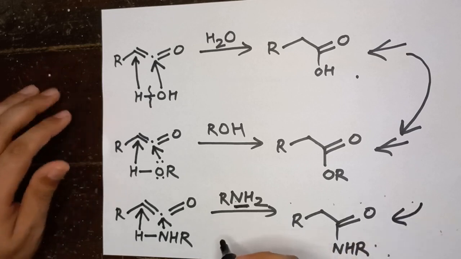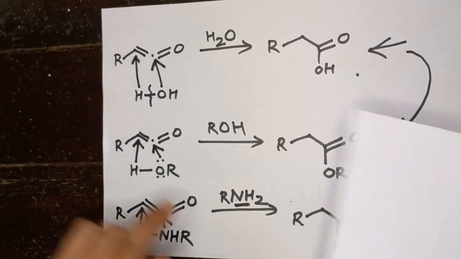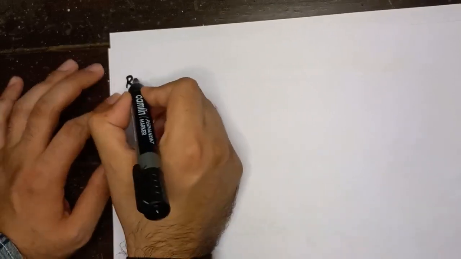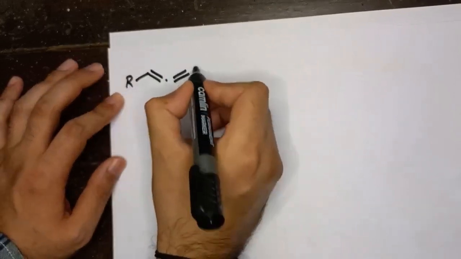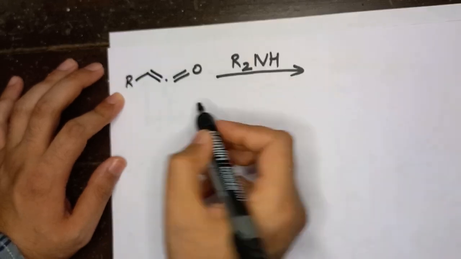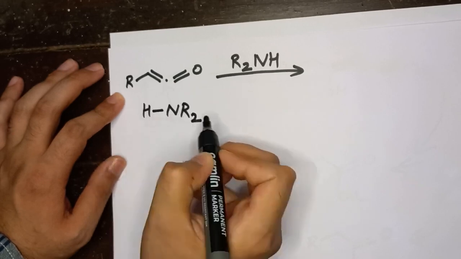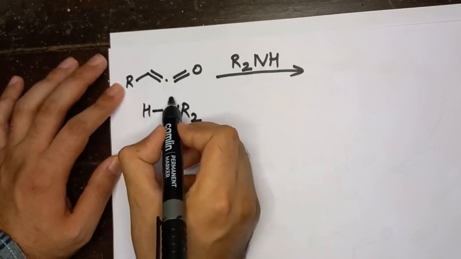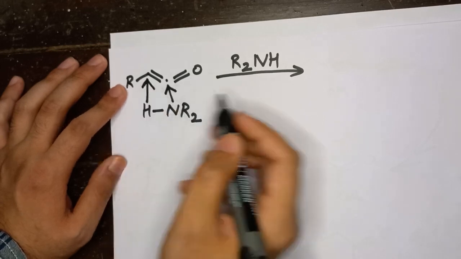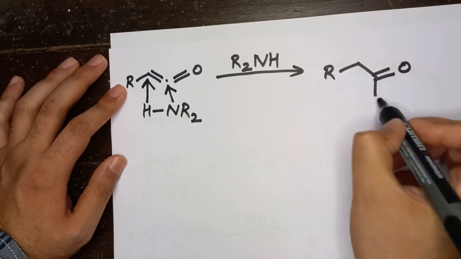One variation can also be made here. Here we used primary amine. So what if I use secondary amine? Well, no problem. I have hydrogen here. So I wrote this molecule in this fashion, added the heteroatom at this ketene carbon and hydrogen at this position. And once again, we are getting an amide bond.